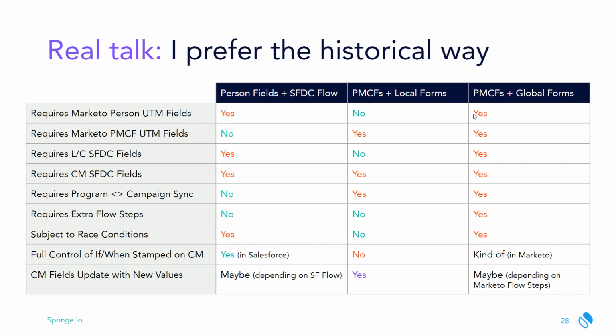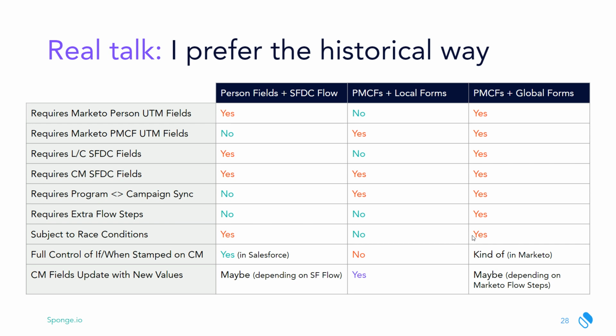You can make the program member custom fields and global forms work, but you still need those person fields. You have to use the program campaign sync. There are more flow steps required in all of your content programs.